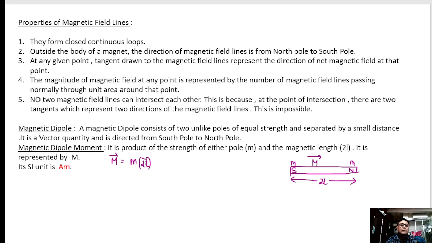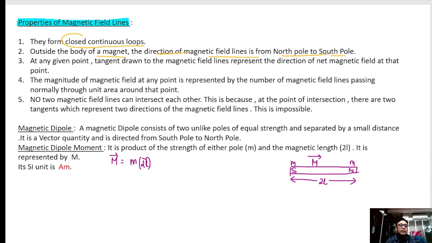Next is properties of magnetic field lines. So what are the properties of the magnetic field lines? They form closed continuous loops. Closed. Outside the body of a magnet, the direction of magnetic field lines is from North Pole to South Pole.